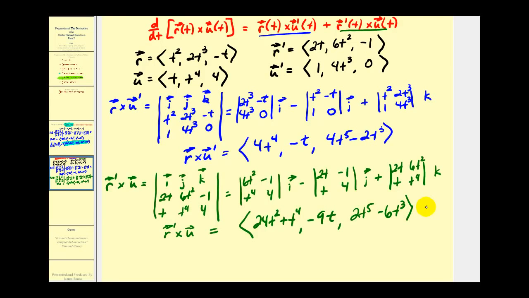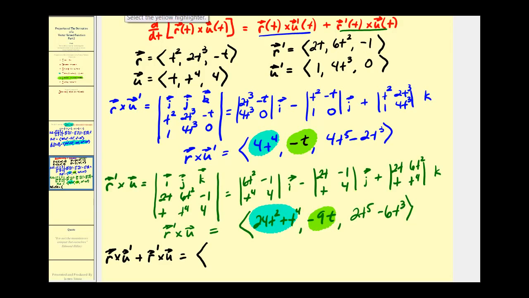Okay, so what we're trying to find now is the sum of these two cross products. Let's go ahead and figure out what that would be. So we're just going to go ahead and add the corresponding components. Let's go ahead and color code them. We're going to add this with this, this with this, and this with this.